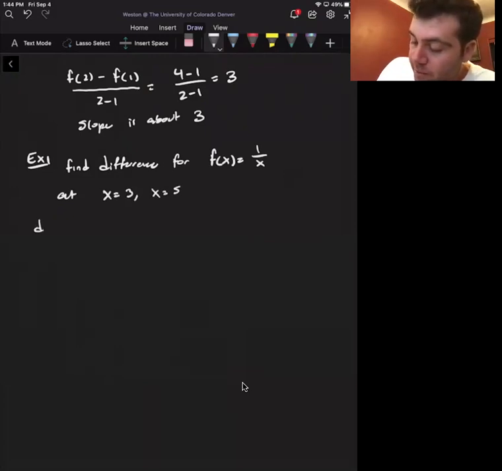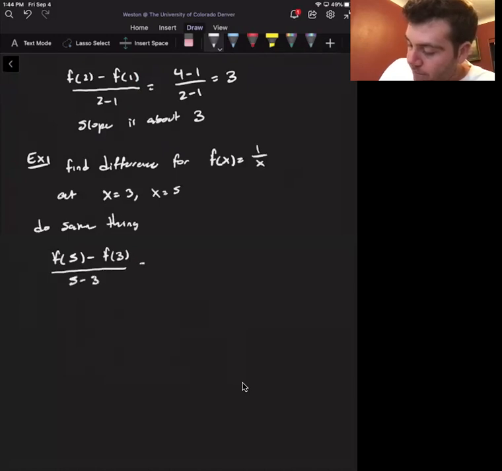And we just do the same thing. We look at f of 5 minus f of 3 over 5 minus 3. That's the same as 1 over 5 minus 1 over 3 over 2.